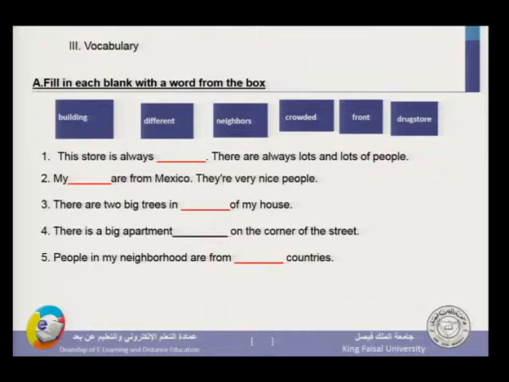They are very nice people. And the rest of the examples are indeed the same. There are 2 big trees in front of my house. Because in front of is to be used together. In this case, the answer is there are 2 big trees in front of my house.